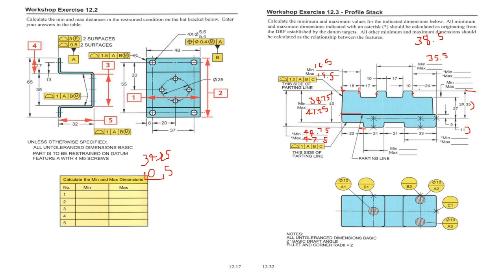Then this dimension, which is 24 here, minus 0.75, which is this profile tolerance. So 24 minus 0.75 will give us this minimum value.